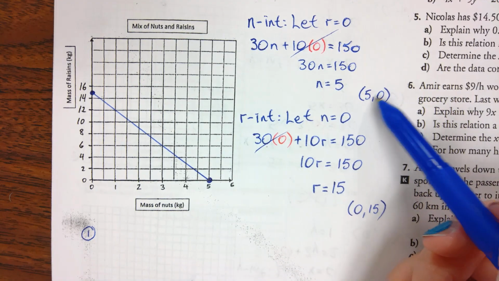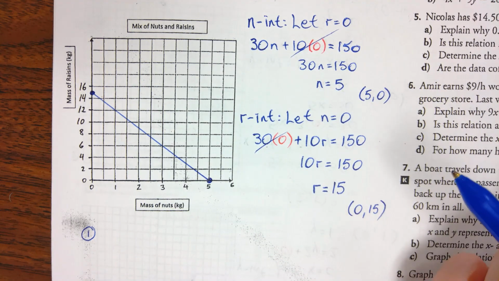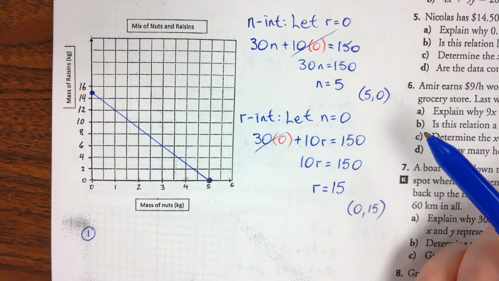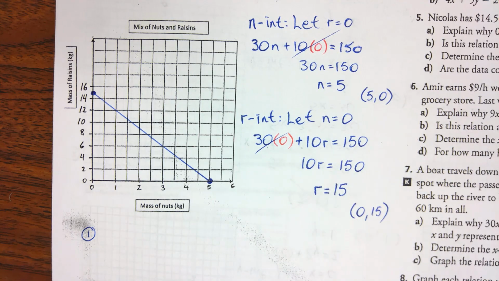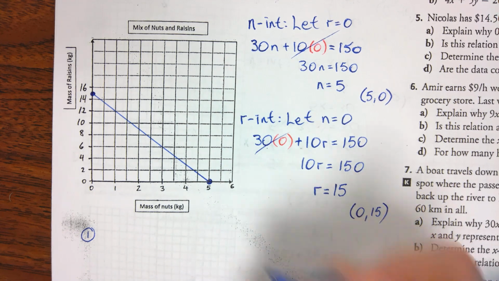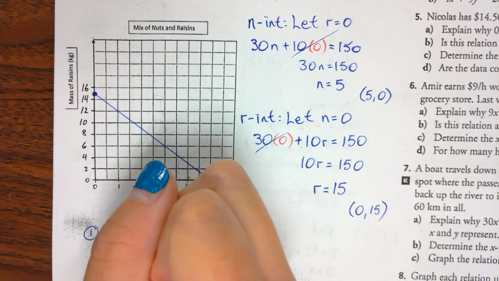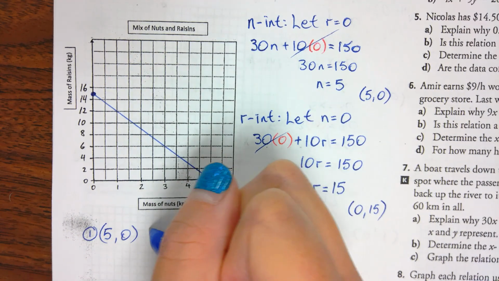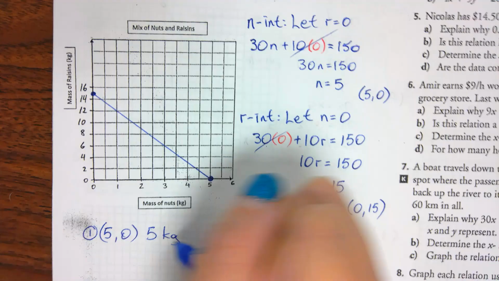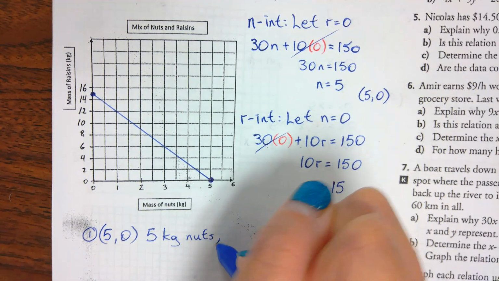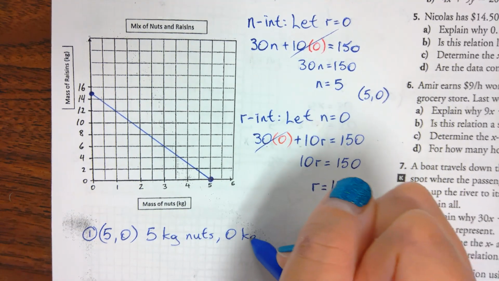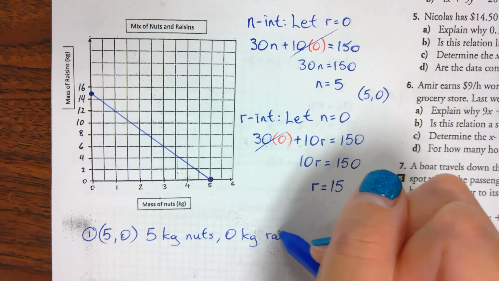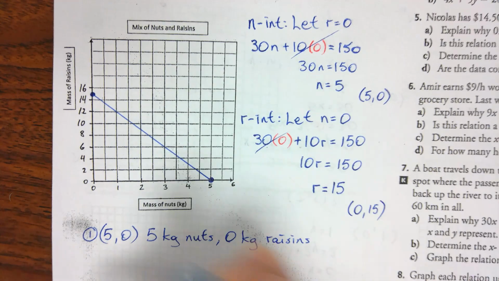What does the 5 represent? Kilograms, right. So 5, 0 implies 5 kilograms of nuts and 0 kilograms of raisins.